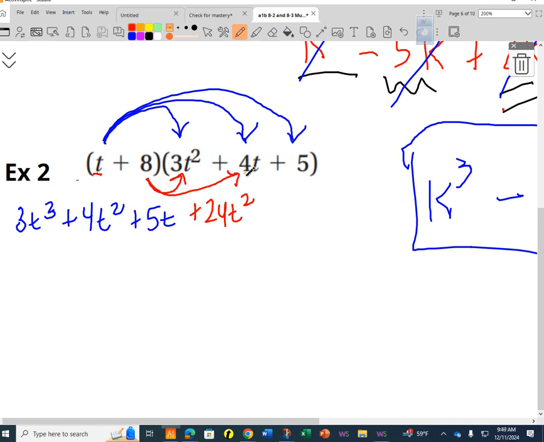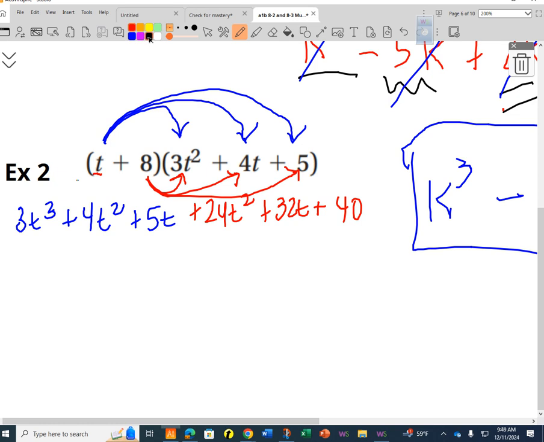What's 8 times 4t? 8 times 4t. So remember, number times number, variable times variable. So what's 8 times 4? 32. And we can't forget the t has to come along. And last but not least, constant times constant, 8 times 5. Use calculator if you're not sure, it's 40.